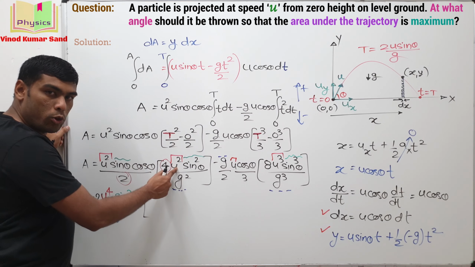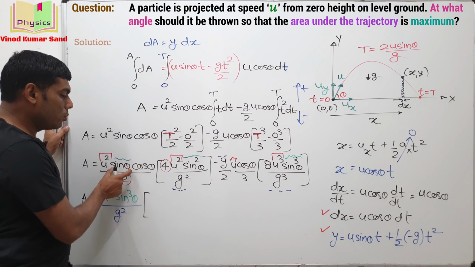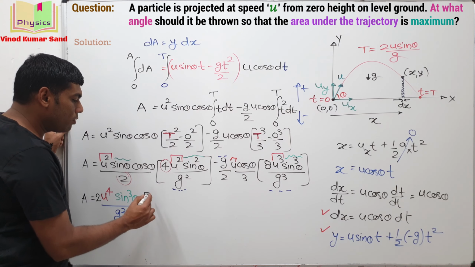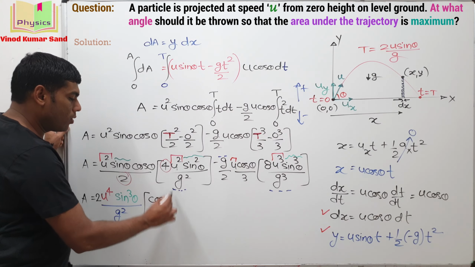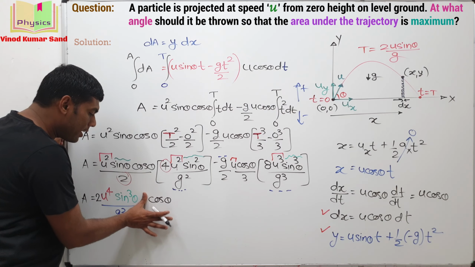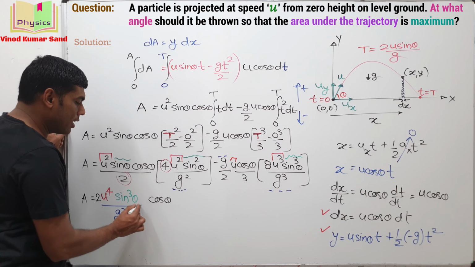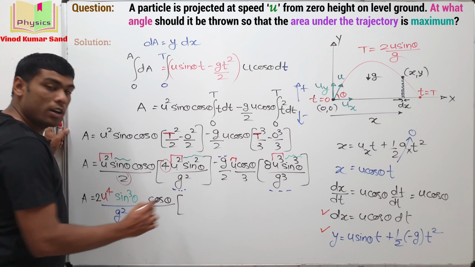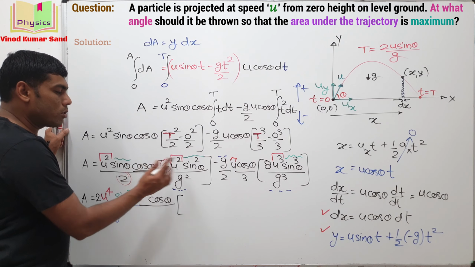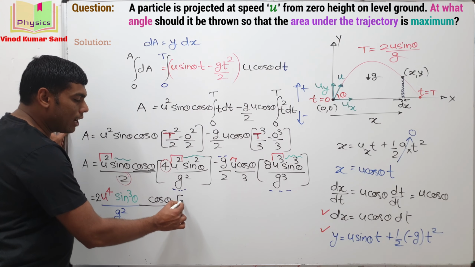u to power 4 has been taken outside, the sine cube theta has been taken outside common, so we are left only with the term of cos theta here. Is it okay? Or even I can take this cos theta also outside to make the expression look further simple. Now this cos theta is also taken common, so here we are left with what?